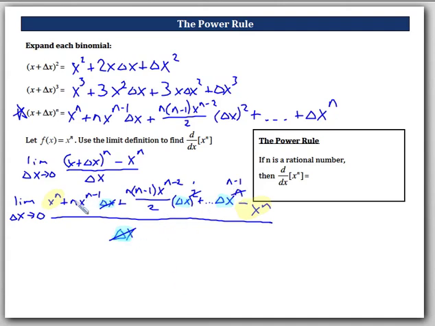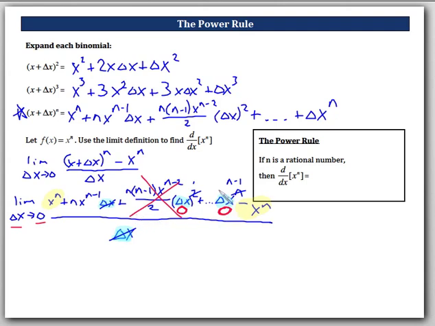Okay, now, after all the smoke clears, remember our goal is to let delta x go to 0. So any delta x's that are remaining are going to change into zeros. So this one is going to change to a 0, and this one's going to change to a 0. Notice this one already got canceled out. So if all this stuff is multiplied by 0, it's really gone.